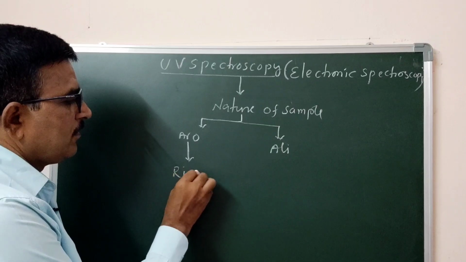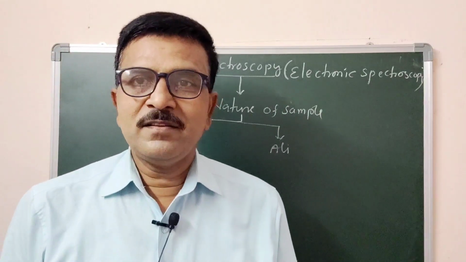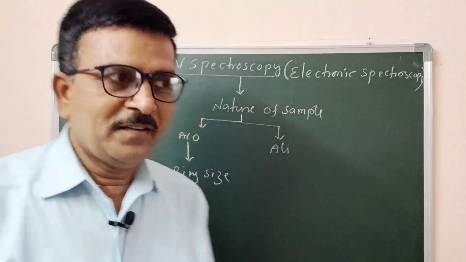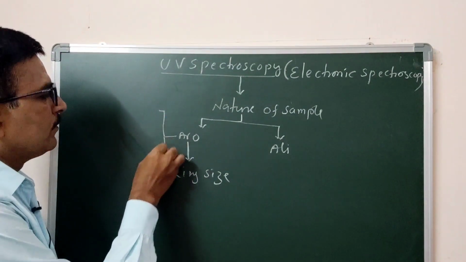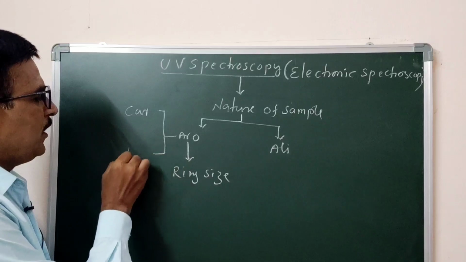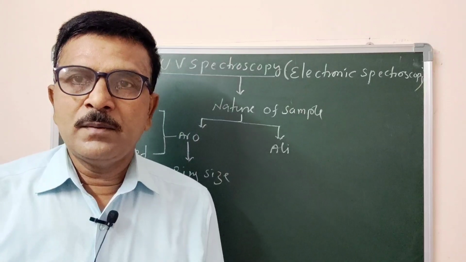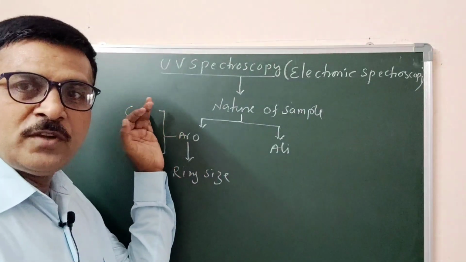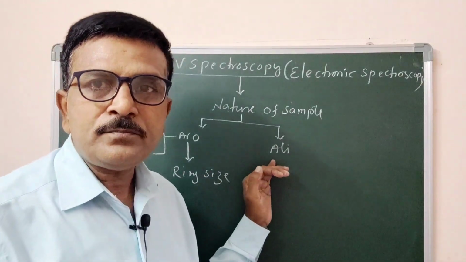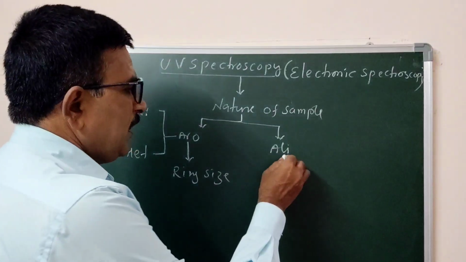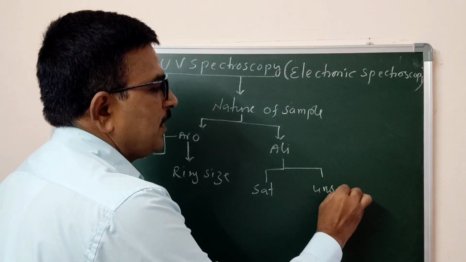The ring size may be 3-membered, 4-membered, 5-membered or 6-membered, etc. If the sample is aromatic, it may be carbocyclic or heterocyclic. If the sample is aliphatic, then it may be saturated or unsaturated.